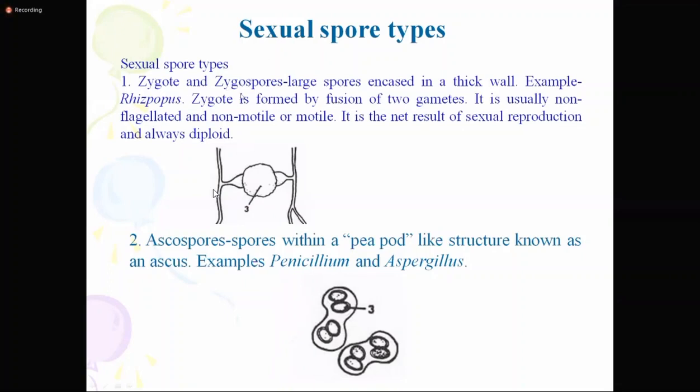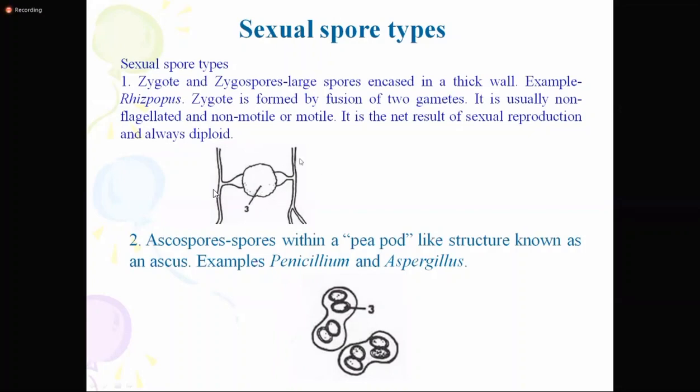Here I have written that zygote and zygospore are large spores encased in a thick wall, example Rhizopus. There is a mistake. It's Rhizopus, R-H-I-Z-O, not P.